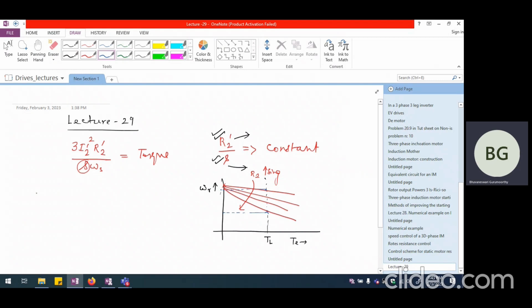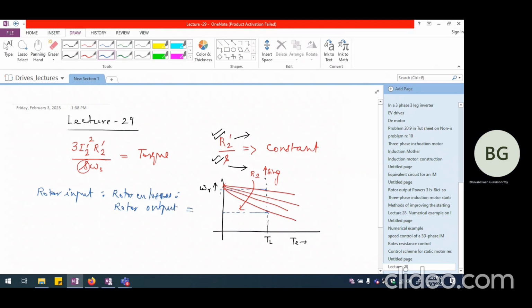But we already said that rotor input, rotor copper losses and rotor output will be in the ratio of 1 is to S is to 1 minus S. So this is the ratio of rotor input to rotor copper loss to rotor output.